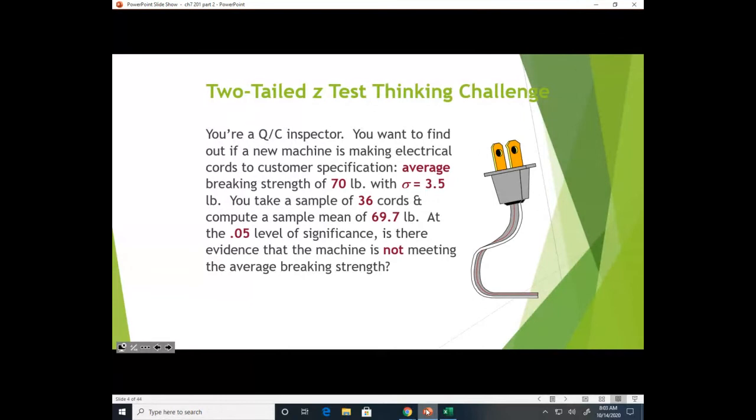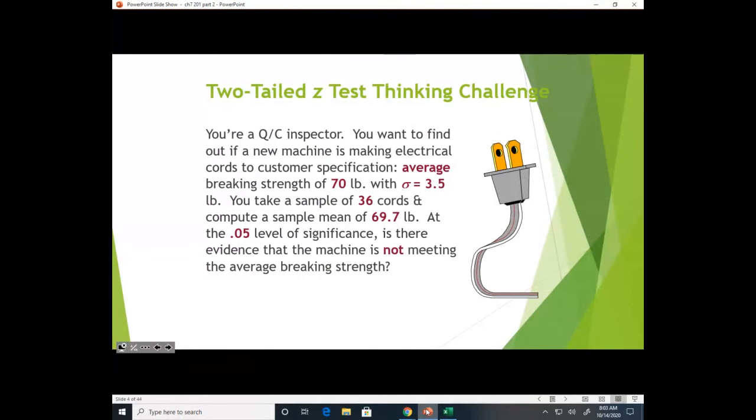It has a standard deviation of 3.5 pounds. We take a sample of 36 of these cords and compute a sample mean, or x-bar, of 69.7 pounds at the 0.05 significance level. So alpha is 0.05. Is there evidence that the machine is not meeting the average breaking strength?